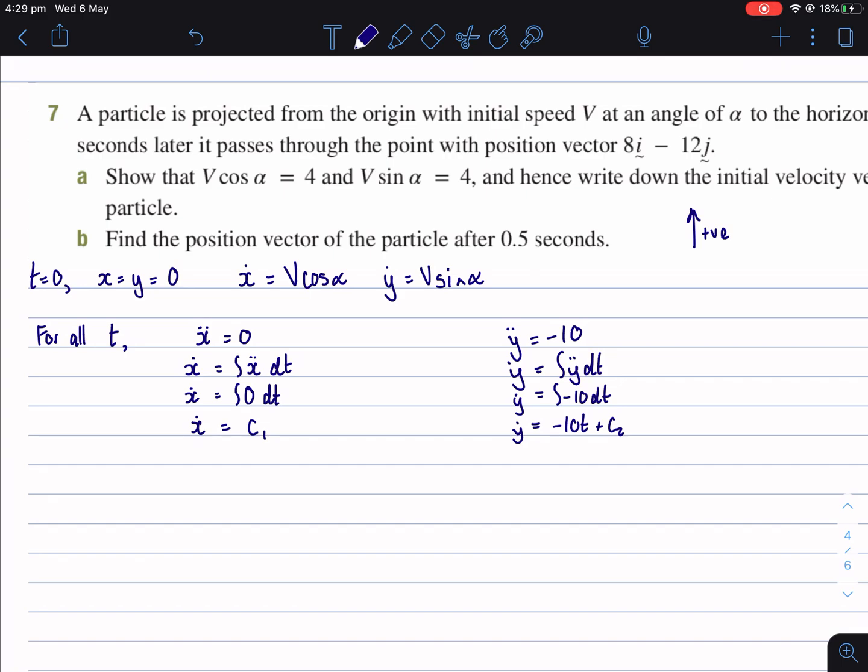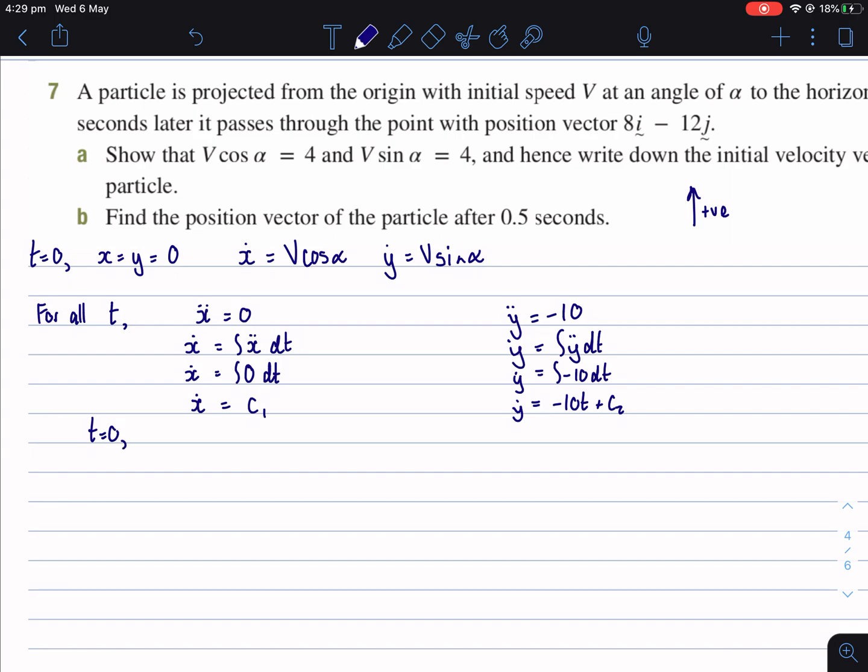Let's sub in when x equals 0, t equals 0. So we know c1 equals v cos alpha, c2 equals v sine alpha. So we know the x component is v cos alpha for all t. Y component is negative 10t plus v sine alpha for all t.